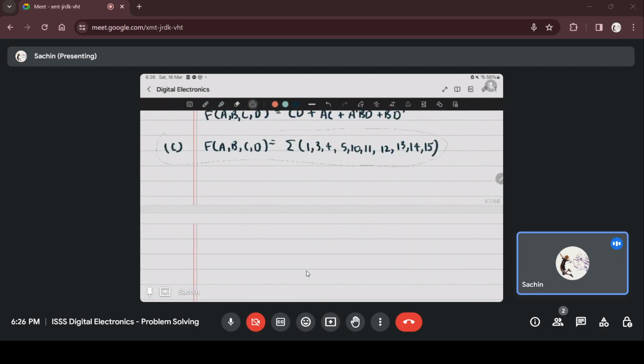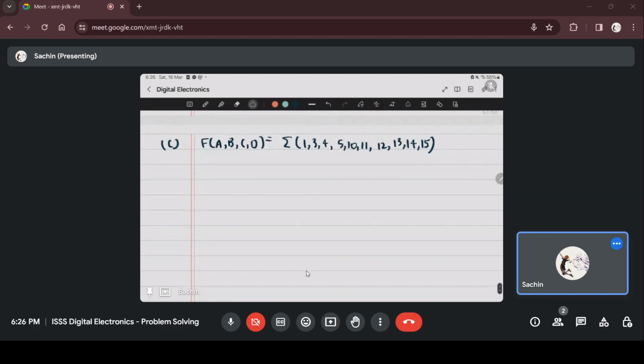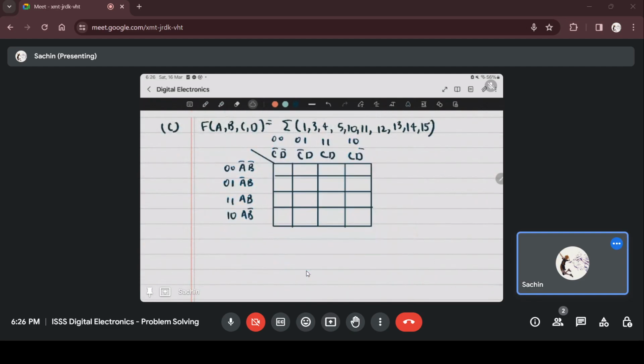Let me move it to the next page. Then I'll copy down the structure of the K-map. Now we have to fill in the K-map with ones at 1, 3, 4, 5, 10, 11, 12, 13, 14, 15.